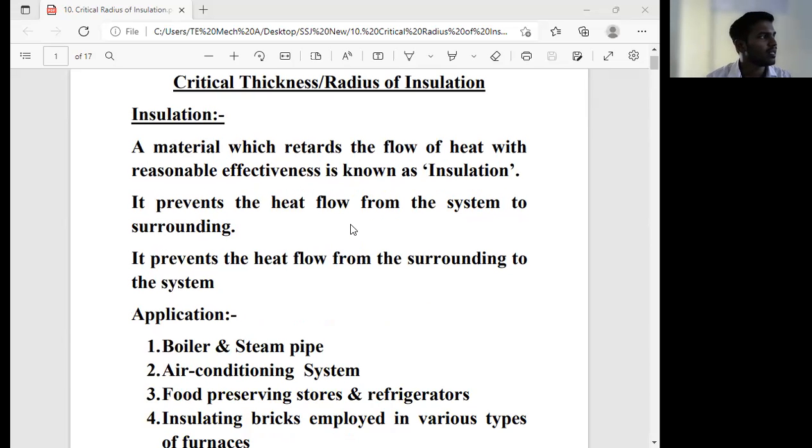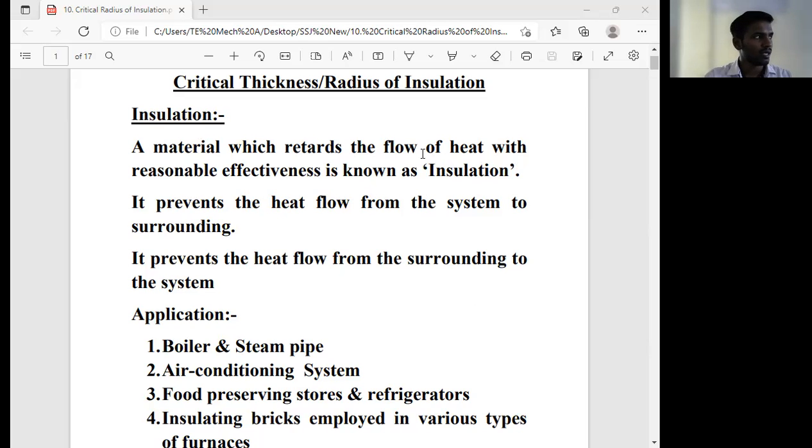Can anyone tell me what is the meaning of insulation? Where do we have to use the insulation? What are the applications? Insulation is a material which retards the flow of heat with reasonable effectiveness.